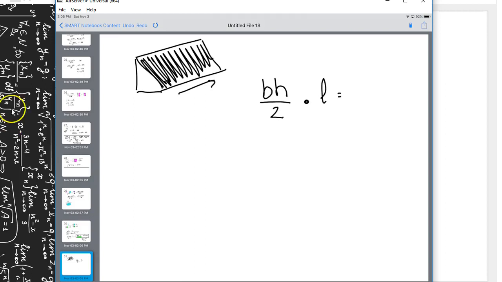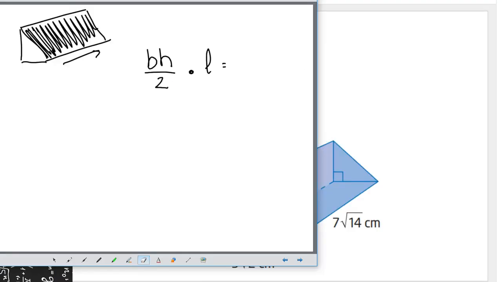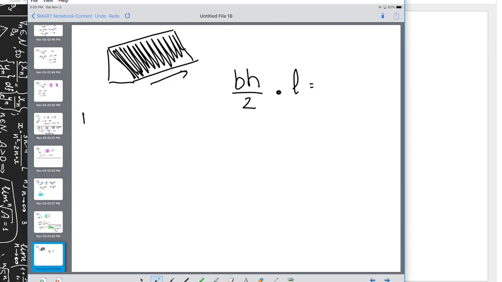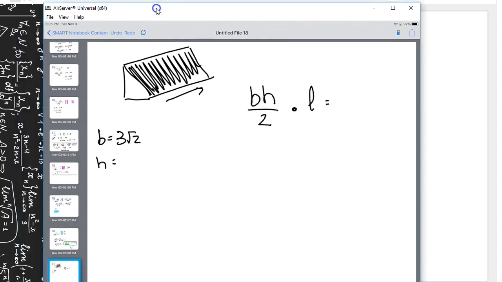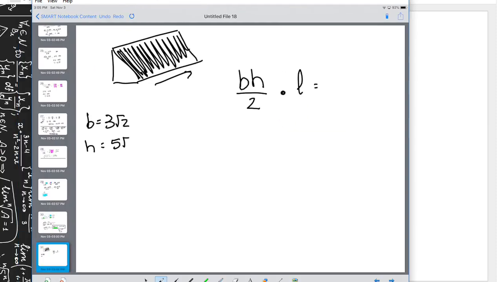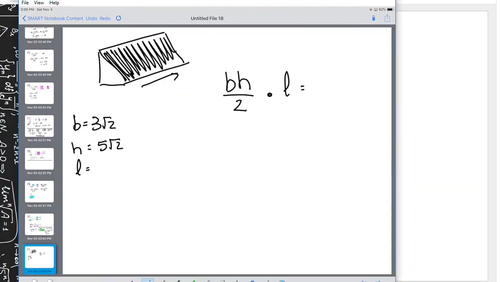So, looking at my triangle, I have a base of 3 root 2. I have a height of 5 root 7. And I have a length of 7 root 14. So now what I need to do is just plug these numbers into my formula that I created, simplify, and I'll have my final answer.